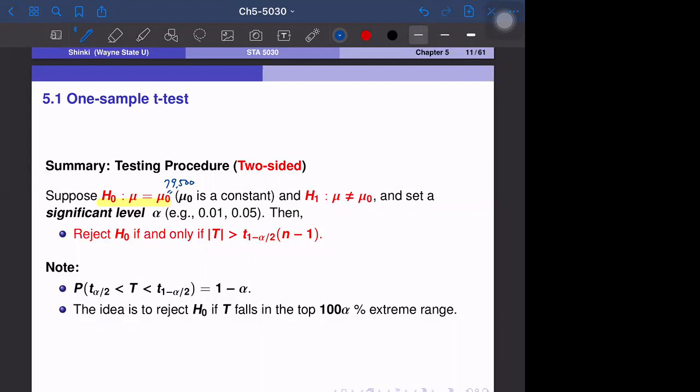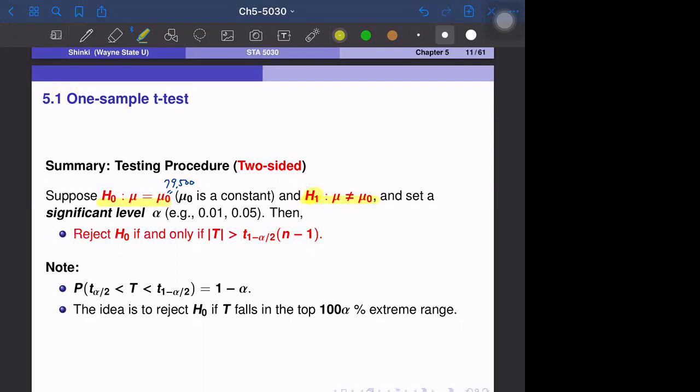The alternative hypothesis is that mu, the mass PhD's average salary, is not equal to 79,500. We don't say it's larger or smaller, but just different. That is the so-called two-sided test, because H1 is on both sides of H0: mu is either larger than or smaller than 79,500.